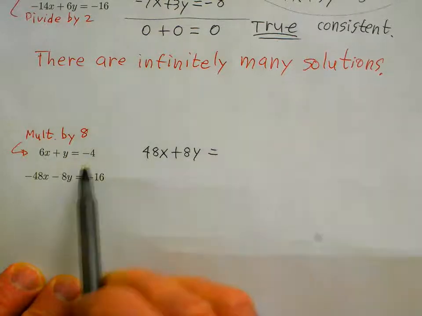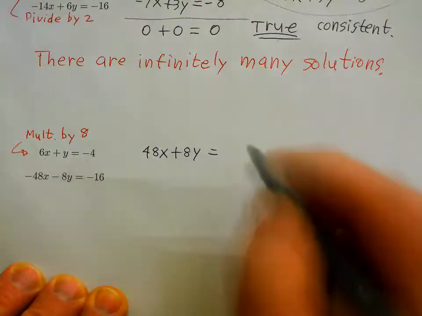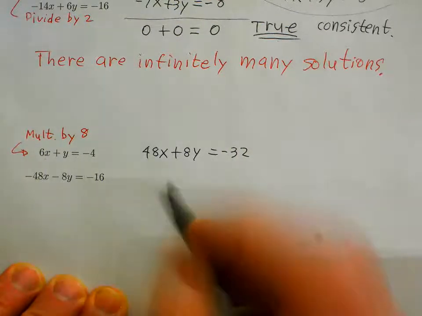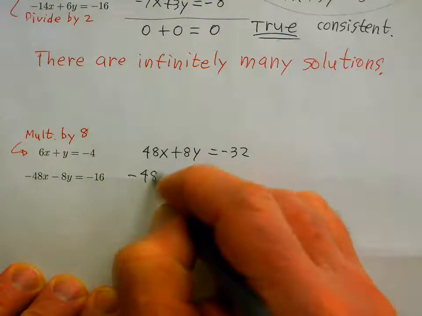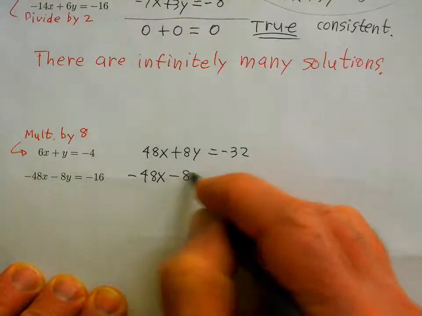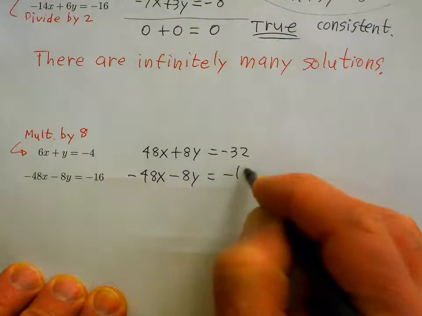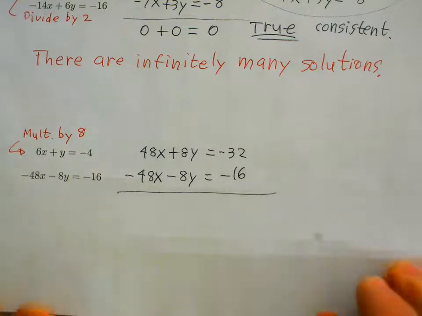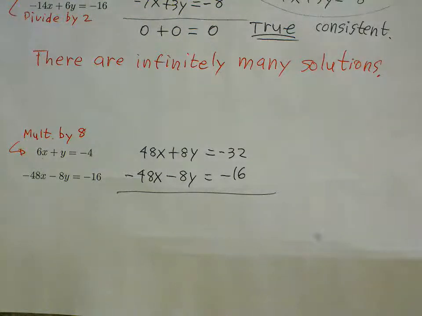And then on the right-hand side, 8 times negative 4 is negative 32. I'm going to leave the bottom equation the same, negative 48x minus 8y equals negative 16. And now we add the two equations together. So what happens when I add the two equations?